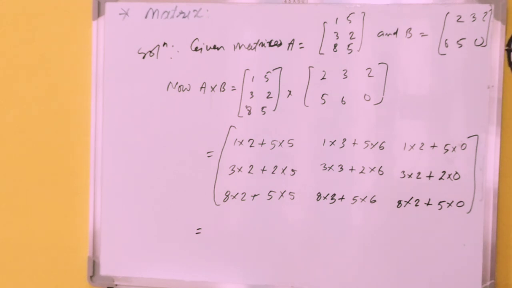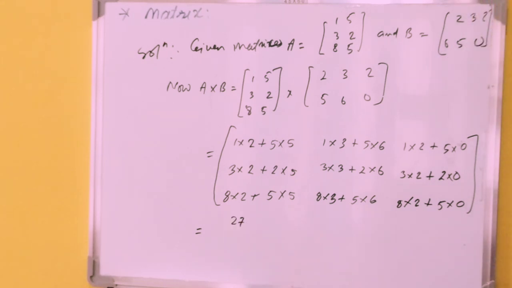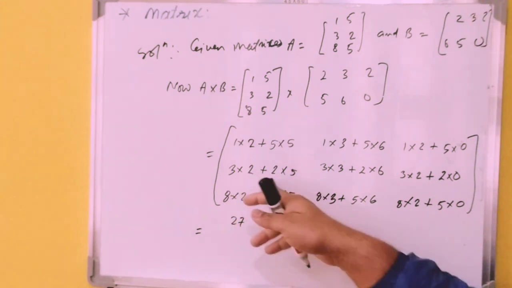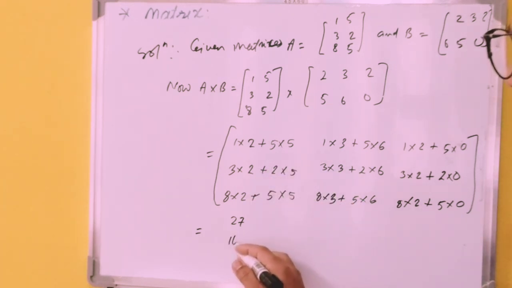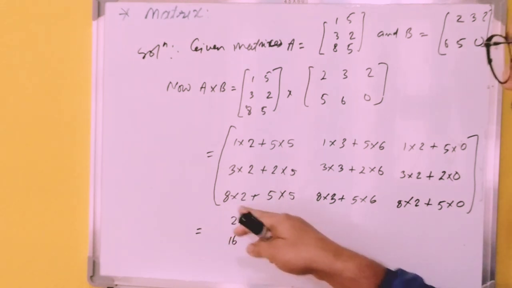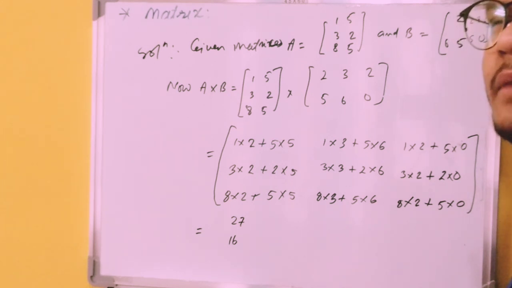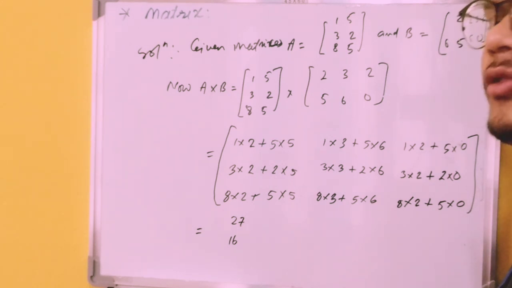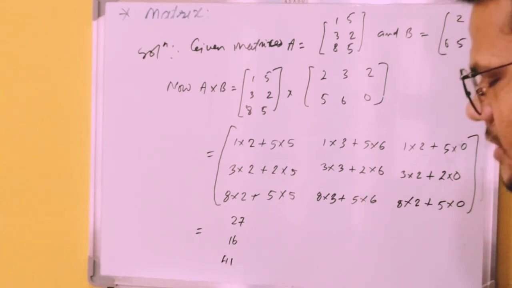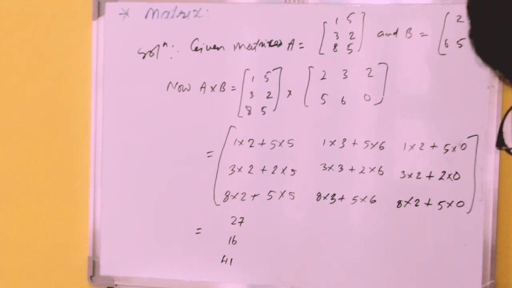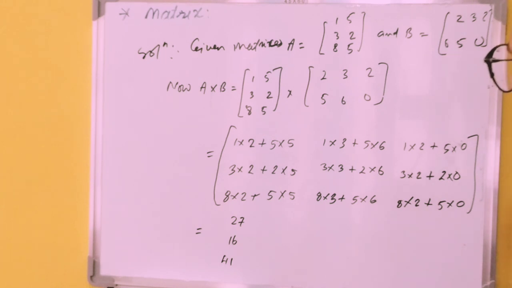So 1 into 2 is 2, 2 plus 5 into 5, 25, 2 plus 25 is 27. 3 into 2 is 6, 6 plus 10 is 16. For this term, 8 into 2 is 16, 16 plus 25 is 41.